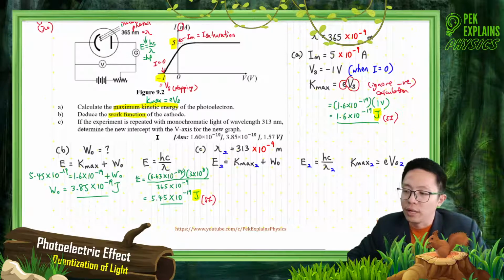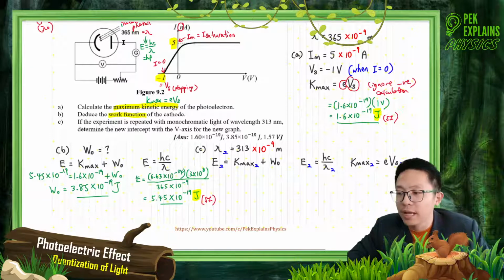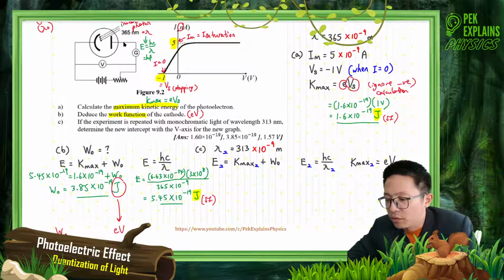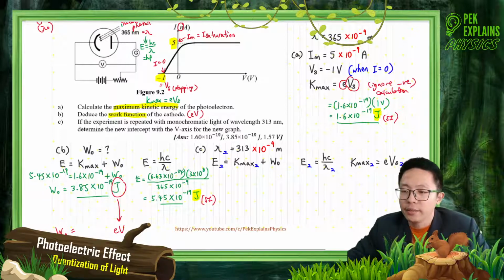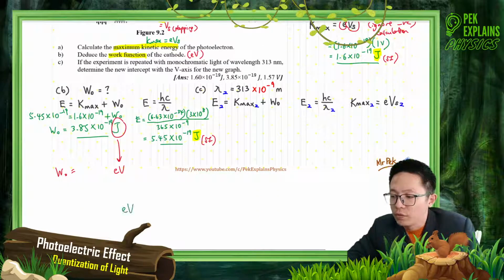Okay, so that's the deduced work function. If the question specifically asks you to find the work function in electron volt, and you got the unit in joule, then only you convert to electron volt. How to convert again? Remember, from electron volt to joule, multiply by electron charge.